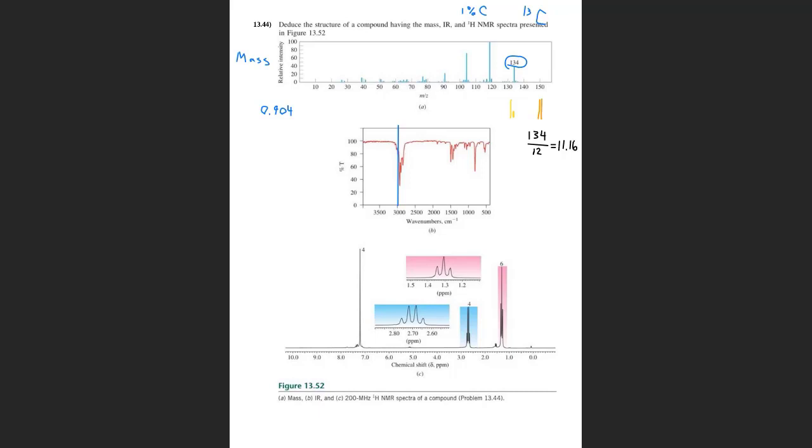Now, if I take 11 times 12, that is 132. So 132 would mean there's only 2 left for hydrogen. So C11H2, does that seem like it could be a reasonable formula?